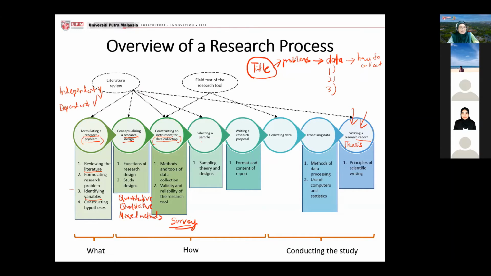And then of course, once you have your instrument, then you can look at the sampling. Sampling here will relate back to one of the things, which is the population. Population here doesn't always mean people. If you are doing a field study, you are looking at oil palm plantations, the oil palm trees are your population.